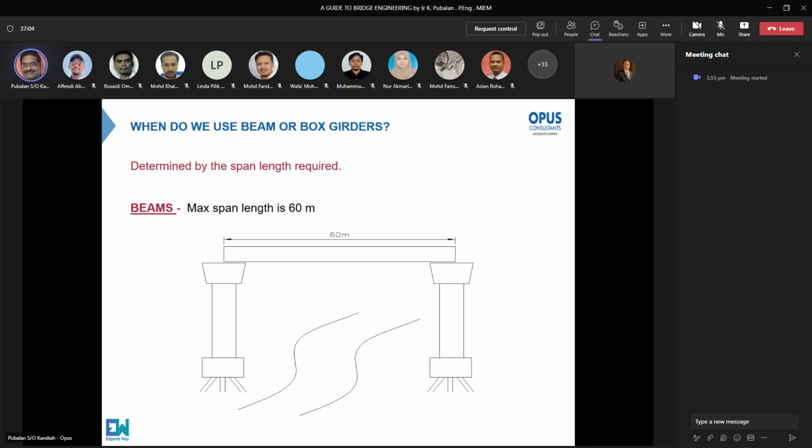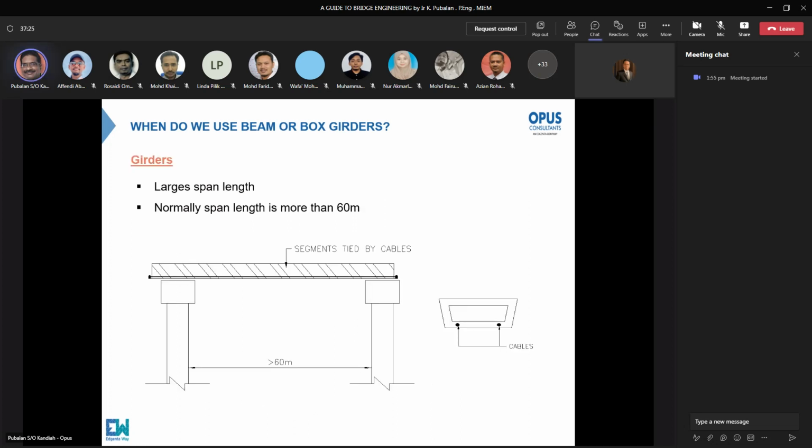If you go beyond 60, then your depth will become very deep. So normally for beam, it's below 60 meters. Generally, the very common length is 40 meters.